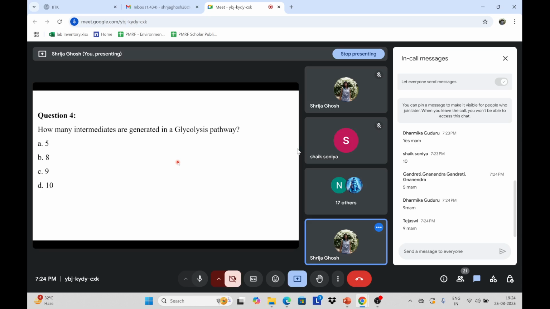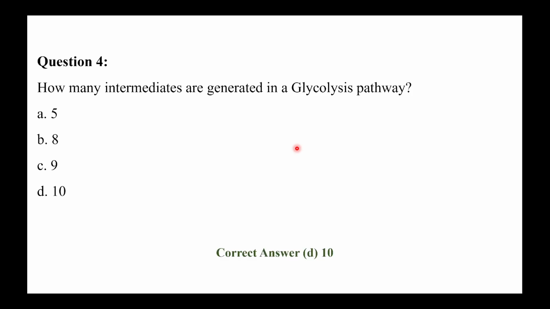Okay. So I can see people answering 10, 5, and then 2 answers are 9. Okay, let's see the correct answer. The correct answer is actually 10. So there are 10 total intermediates in the glycolysis pathway.